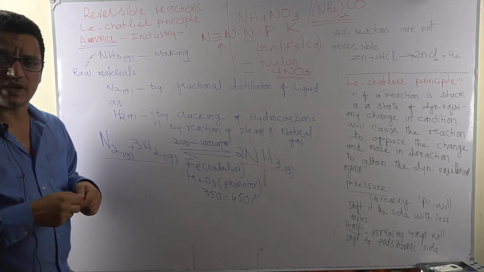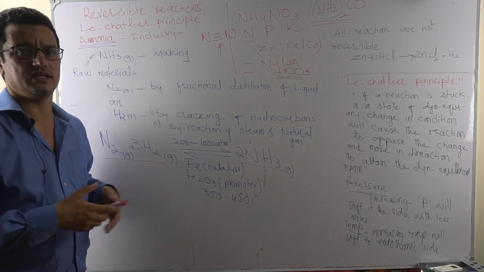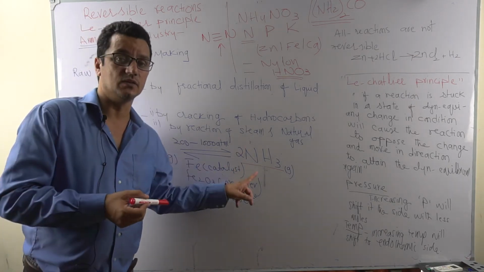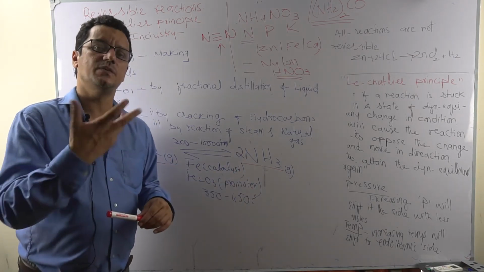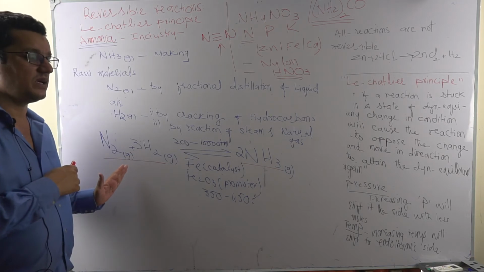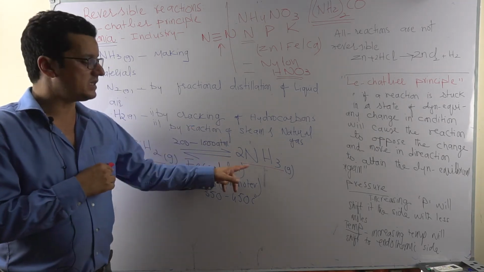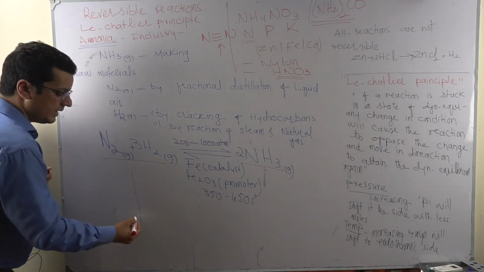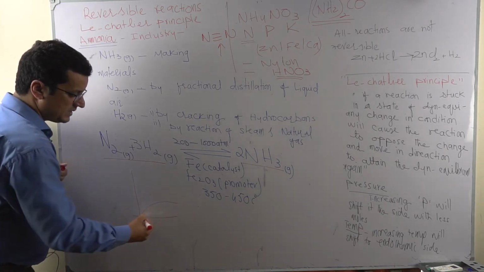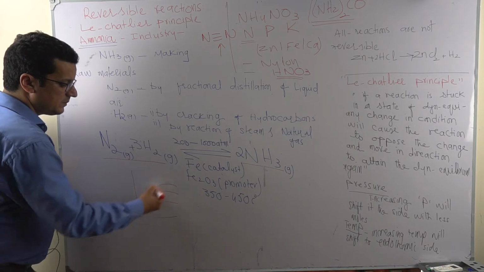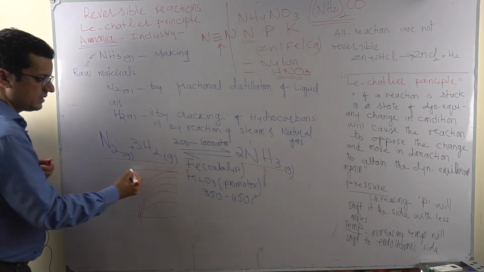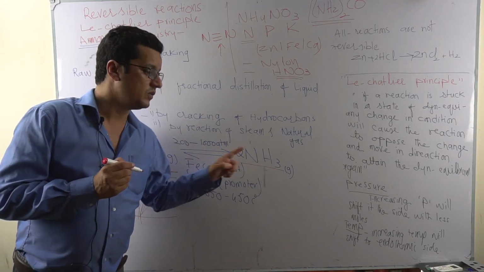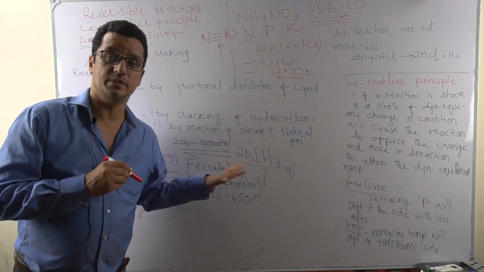You increase pressure, the reaction says okay, I'll decrease it, and it can only oppose the change by moving to the side with fewer moles. Easy to remember: increased pressure shifts the dynamic equilibrium to the side with fewer moles. In this case it is the product side. That is the reason any graphical representation will show that increasing the pressure increases the yield, and at almost 1000 atm, which is a huge pressure, ammonia yield is almost 100%.